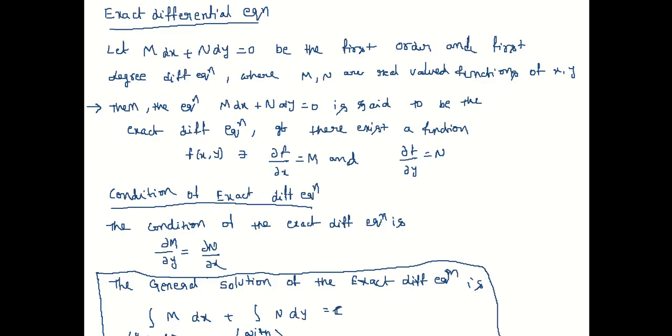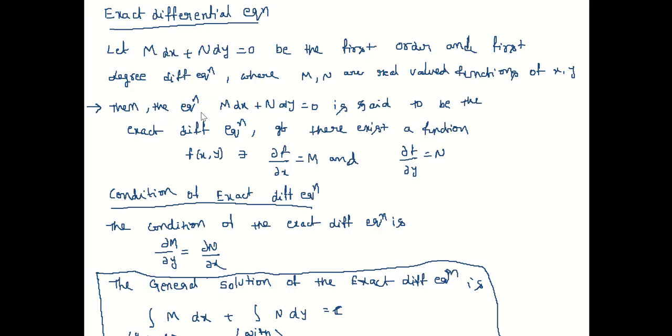So what is an exact differential equation? Suppose the differential equation is of the form M dx plus N dy equals 0. Then it is a first order and first degree differential equation, where M comma N are real valued continuous functions of x comma y.